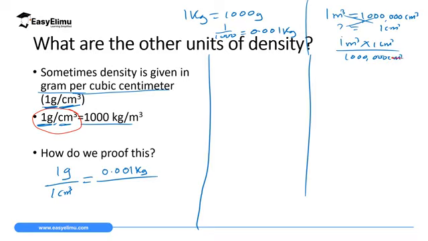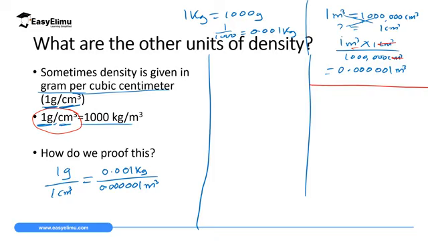Now cubic centimeter will cancel with cubic centimeter, then our answer will remain in cubic meter, and in this case it will be 0.000001 cubic meter. So that is the relationship between 1 cubic centimeter and 1 cubic meter. So in this case we will divide by 0.000001 cubic meter.